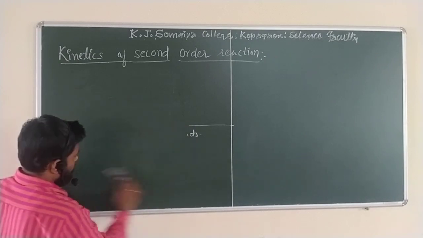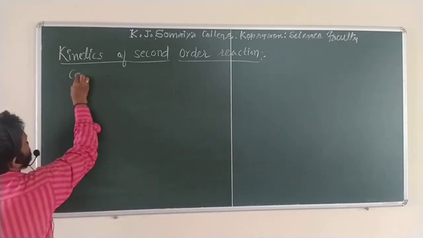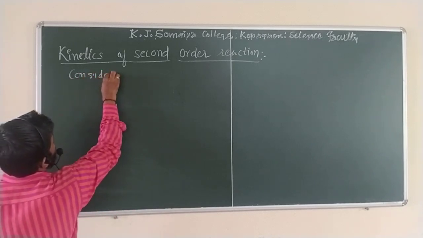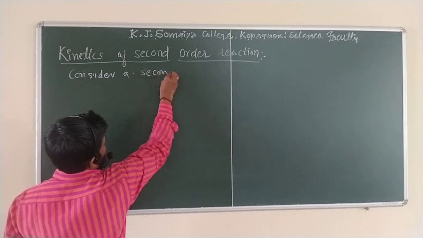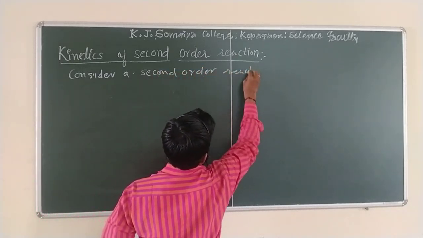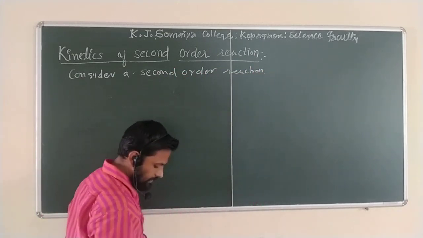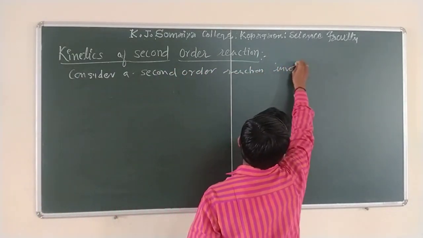I hope you understand. Now consider a general reaction. Consider a second order reaction. Directly we are saying a second order reaction. A second order reaction involving a single reactant molecule. This is very important.